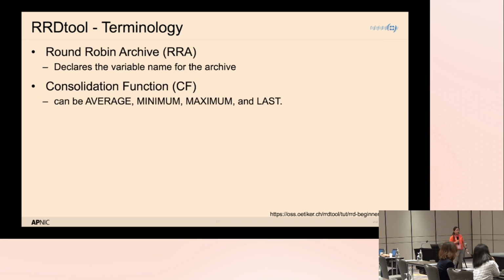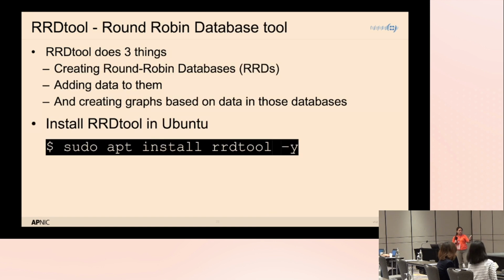RRA, which I showed you in the previous slide, is the round robin archive. And then we have a consolidation function, or CF, which specifies whether it will be the average, minimum, maximum, or last value. Now, the best way to really understand these terminologies is to look at some examples. So let's look at one example after this.